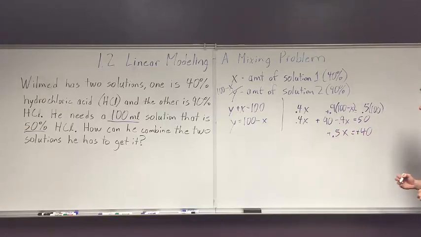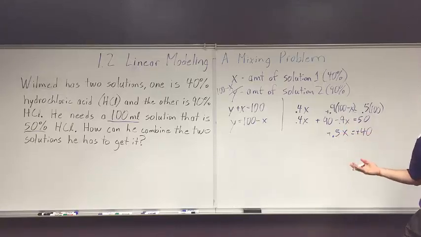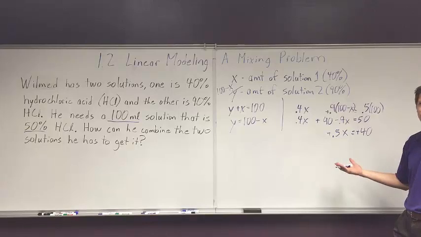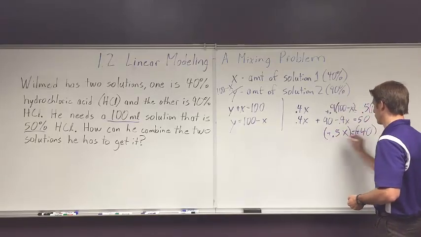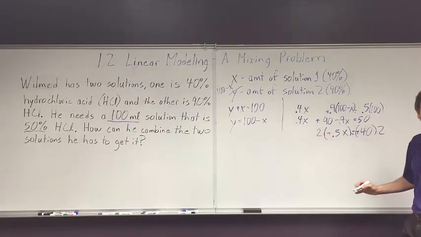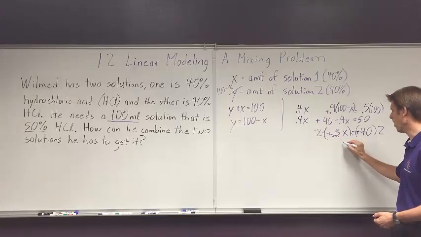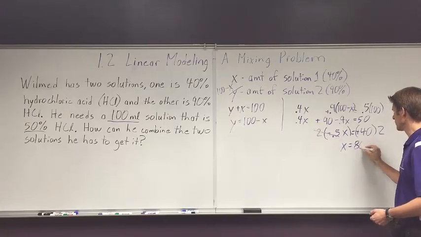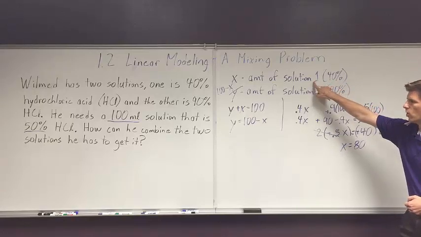Now we need to divide by 0.5. You could write divided by 0.5. Also, you could say, how do you divide by 0.5? That's the same as multiplying both sides by 2, right? That makes life pretty easy for us. 2 times a half is 1, so we get x equals 80. Well, what was x? x was the amount of solution 1.